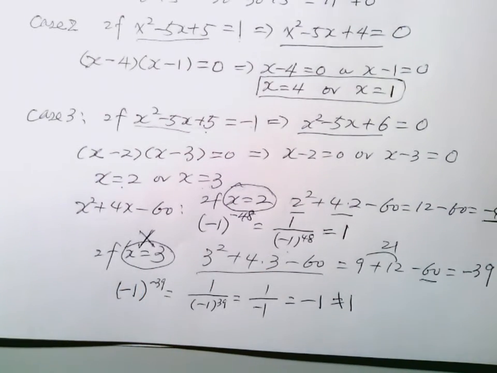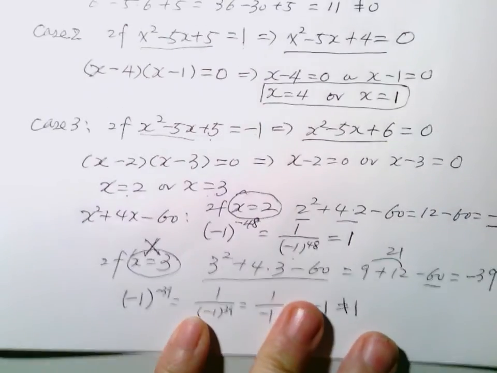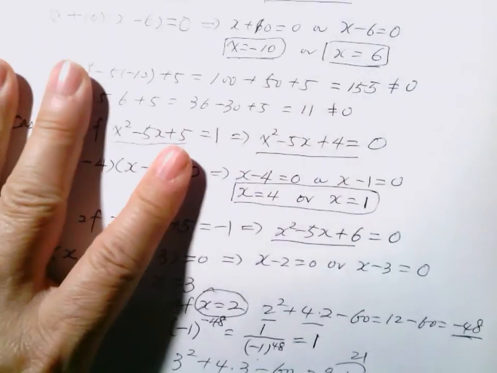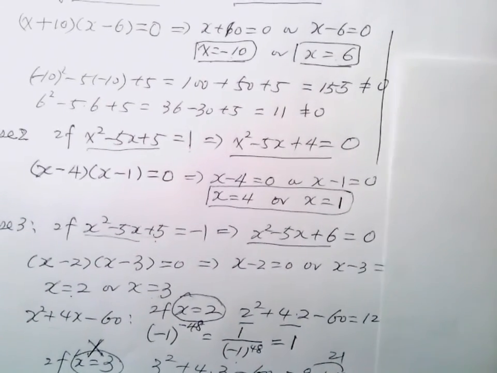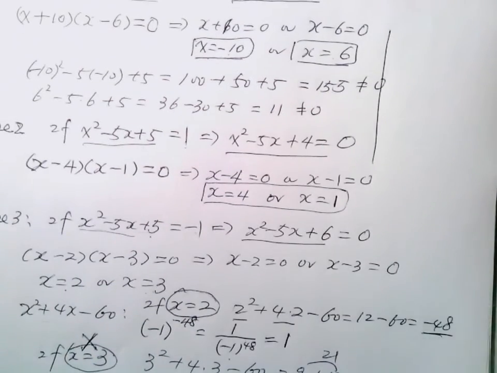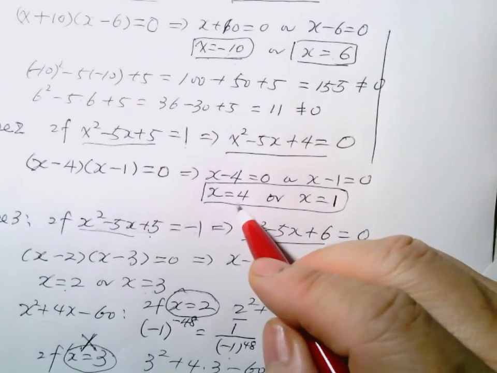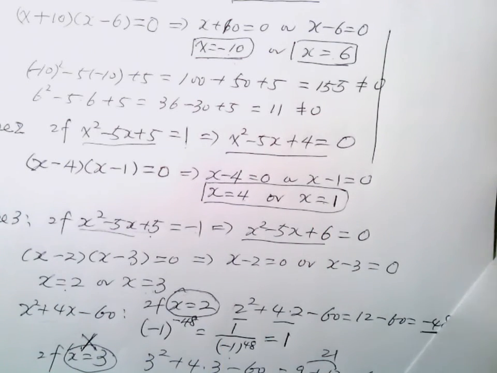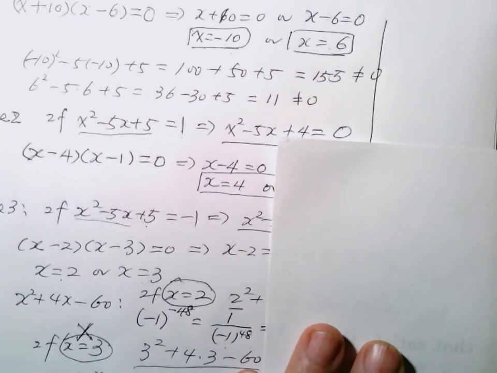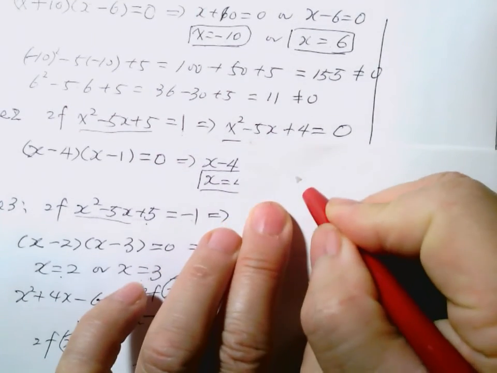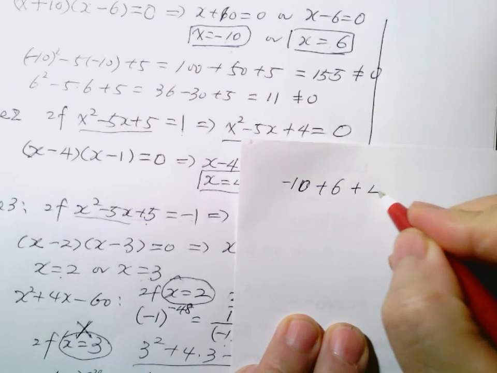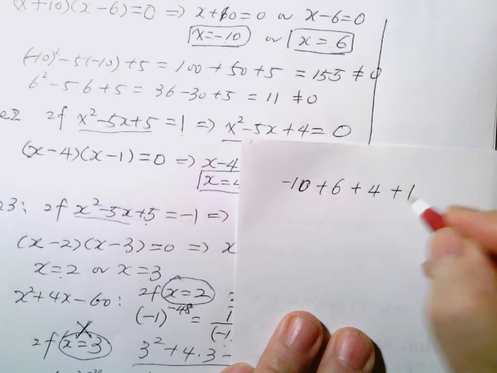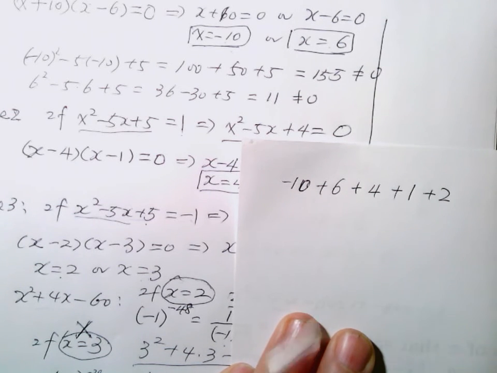So we summarize what we did so far, and we can write our answer here. The sum: we got negative 10, 6, 4, 1, and 2. So we add all those numbers together: negative 10 plus 6 plus 4 plus 1 plus 2. 3 will not make the equation true.